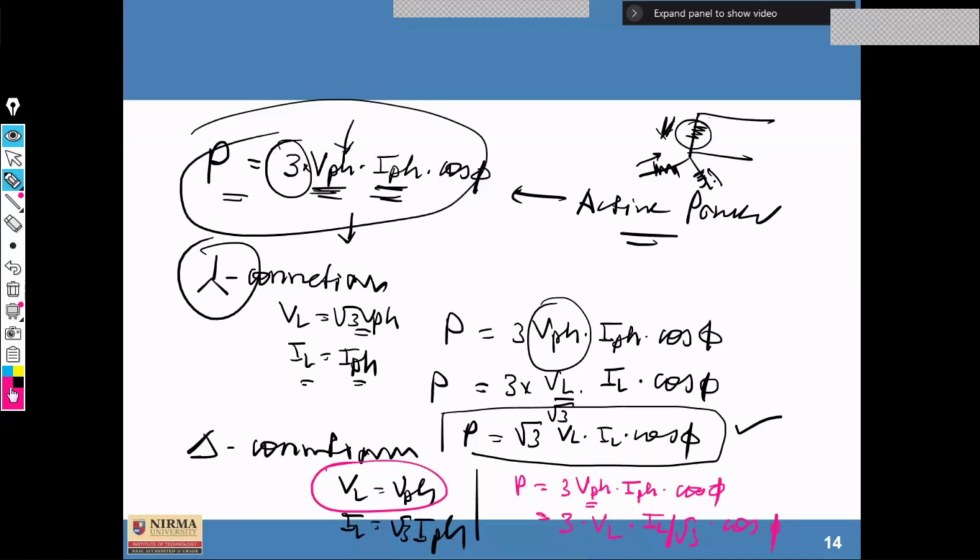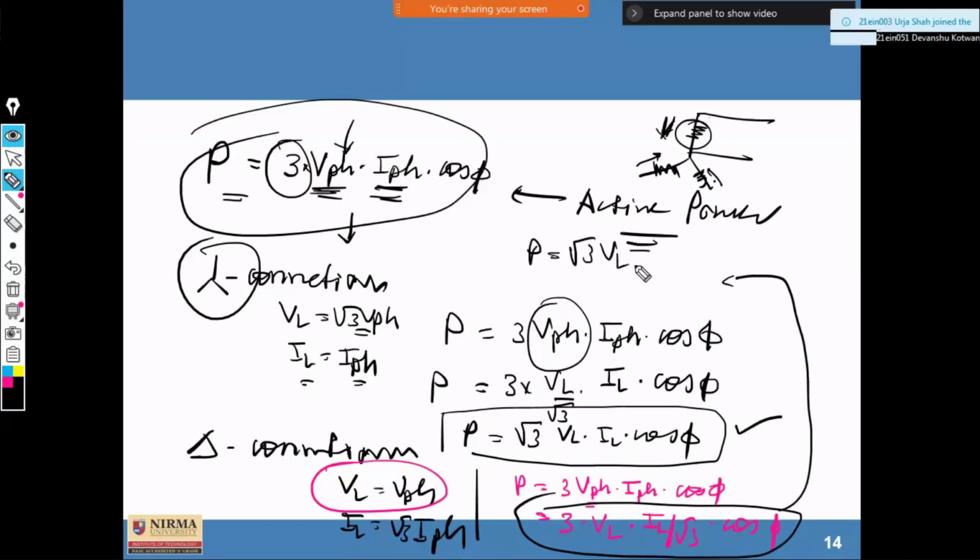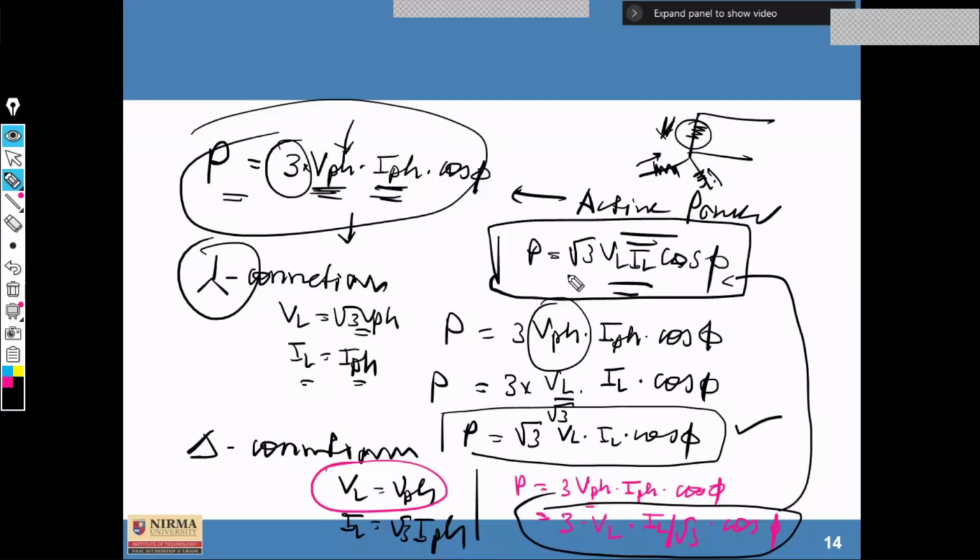Then you will get a similar equation. 3 by root 3 is again root 3. So we can write the expression P is equal to root 3 times VL IL cos phi. So the equation of power, either connected in star or in delta, would be the same: root 3 VL IL cos phi.